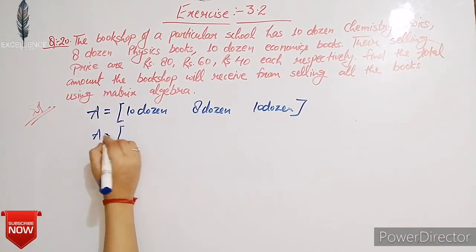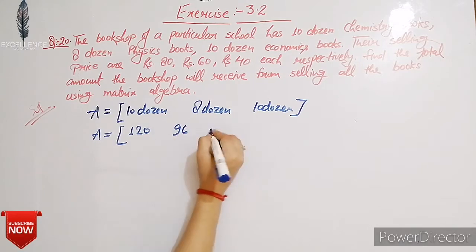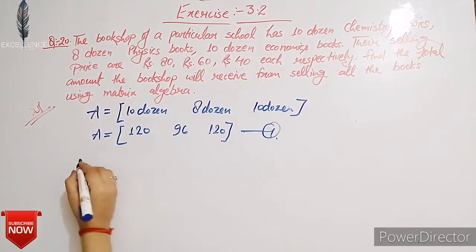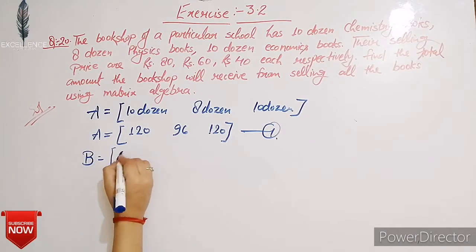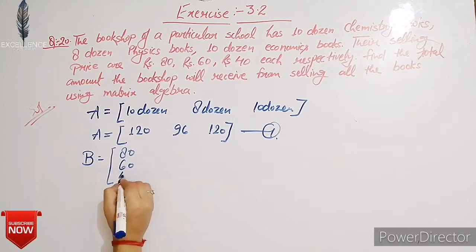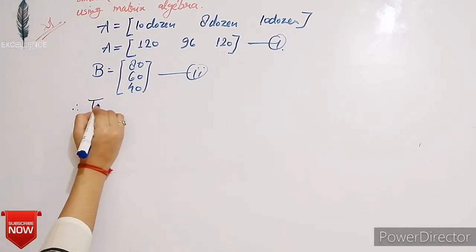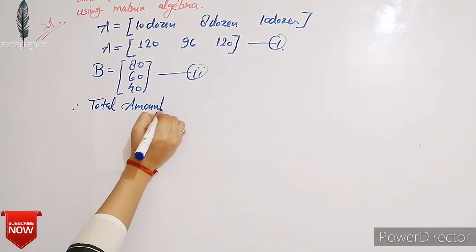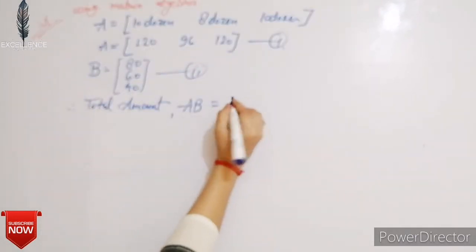So A is equal to 120, since 10 dozen equals 120, 8 dozen equals 96, and the last is 120. And let the cost of each book be represented by the matrix B, that is 80, 60 and 40. Now we have to find the total amount received by the bookshop. So the total amount is equal to AB.